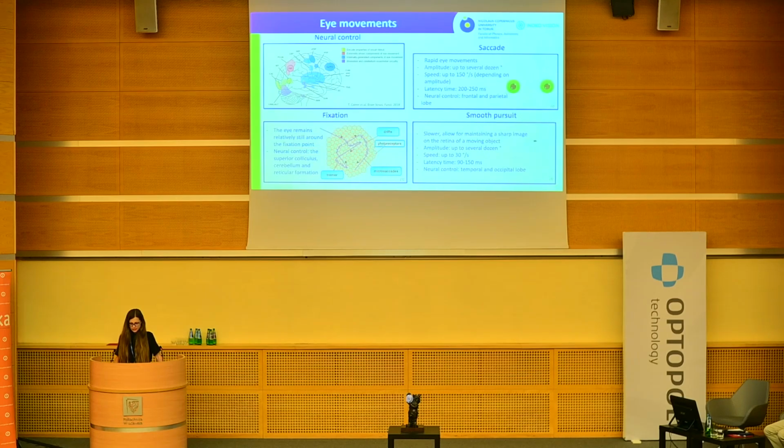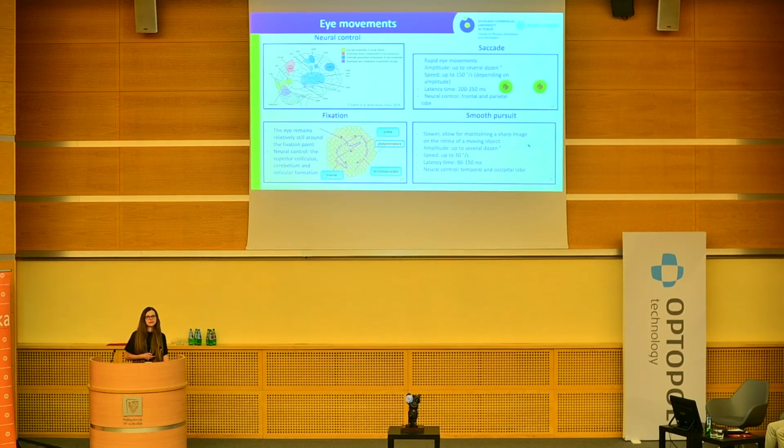The second type of eye movement is the saccade. This is rapid eye movement and occurs when we want to change our gaze direction from one point to another. And the last eye movements are smooth pursuit movements. These movements are slower and occur when we want to follow a constantly moving object.